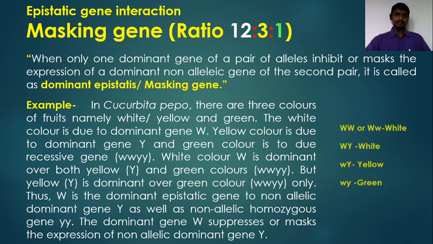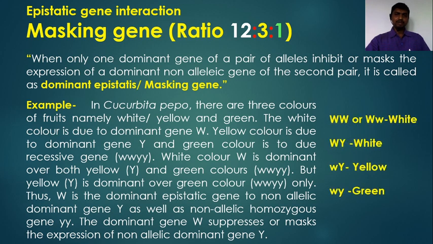So what happens here? The genotype WW or capital W small w gives white. When the genotype is capital W capital Y, the phenotype is white. If the genotype is small w capital Y, the phenotype is yellow. If it is small w small y, the phenotype is green.